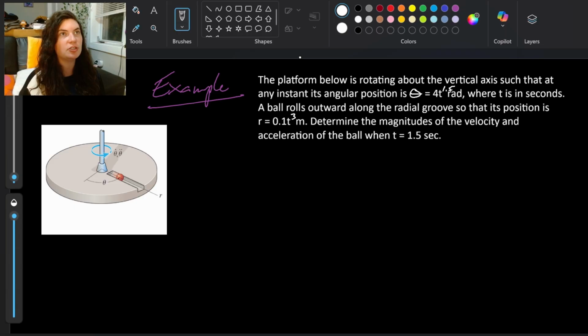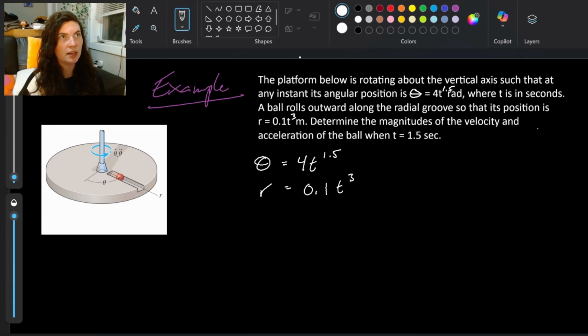Our angular position theta is 4t to the 1.5 power in radians, where t is in seconds. The ball rolls outwards along the radial groove so that its position is r equals 0.1 t cubed. I'm going to write that down too. Our r is 0.1 t cubed.